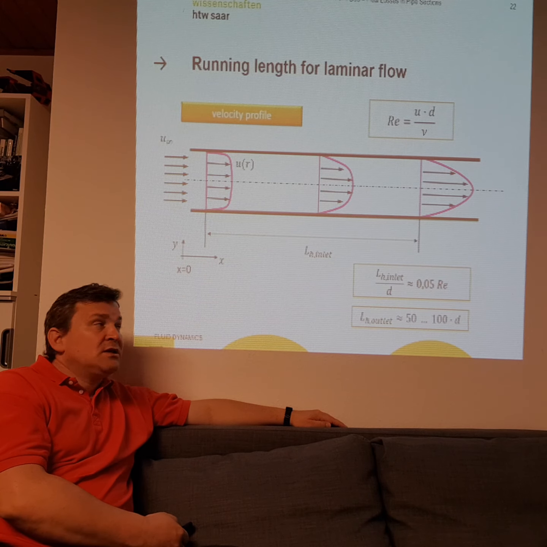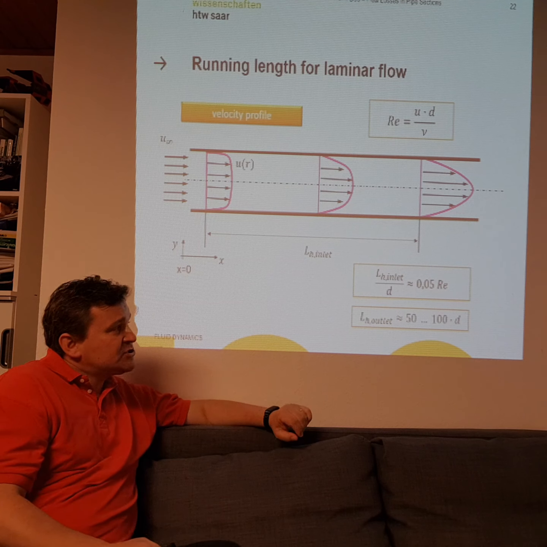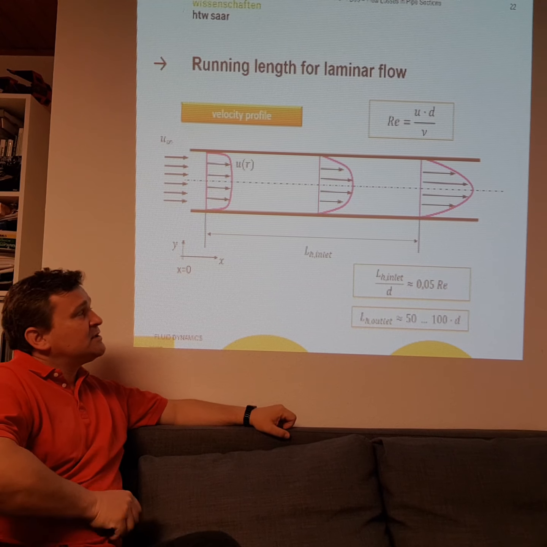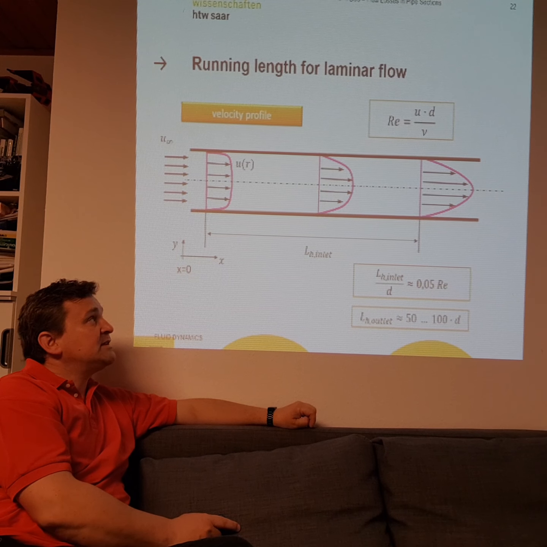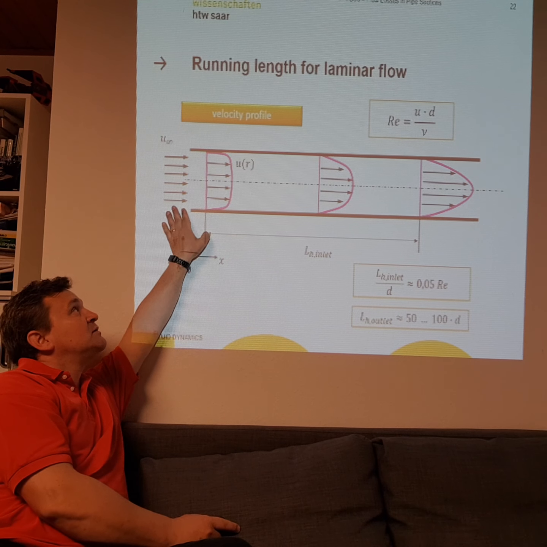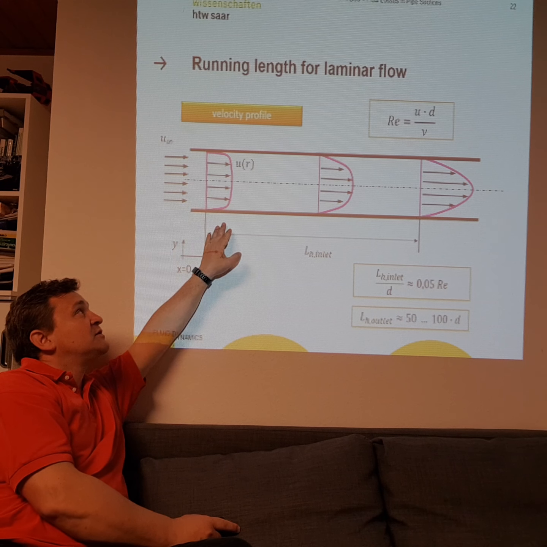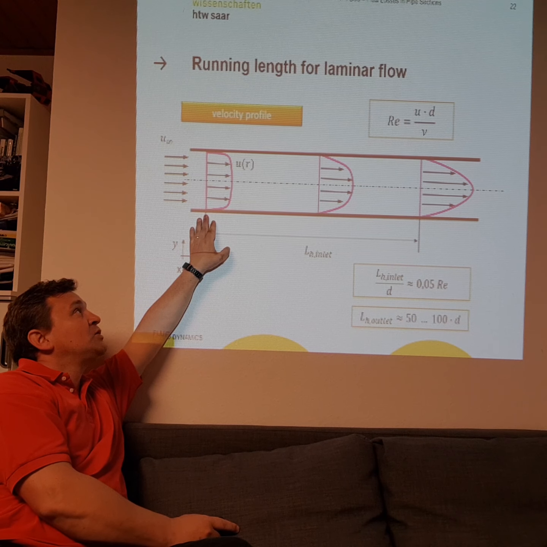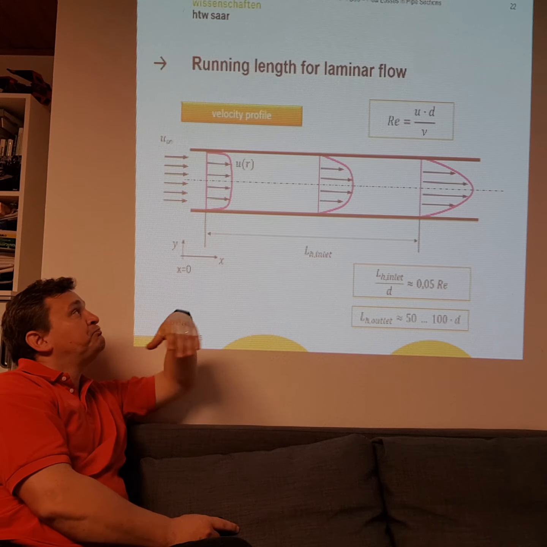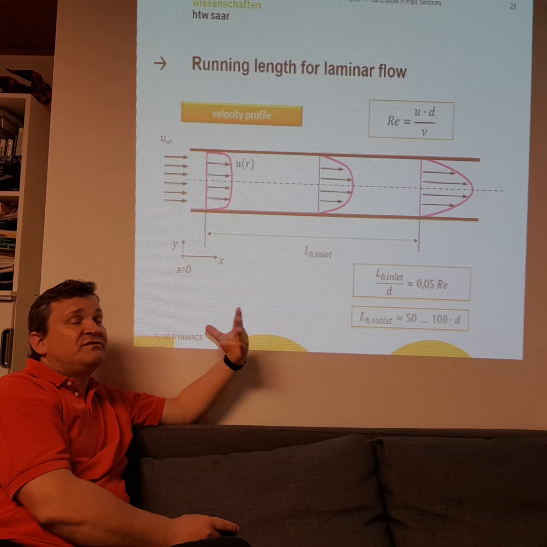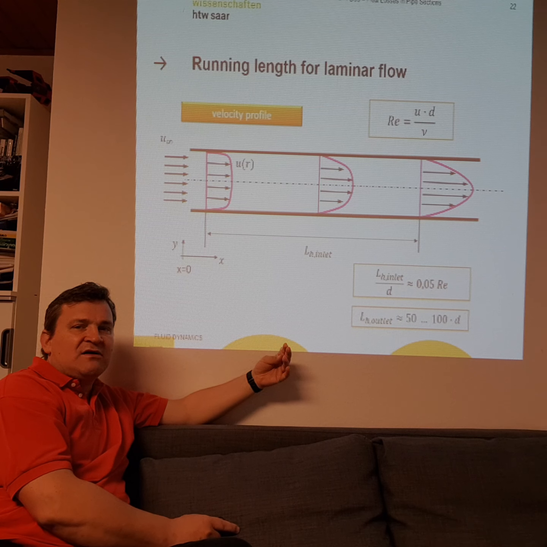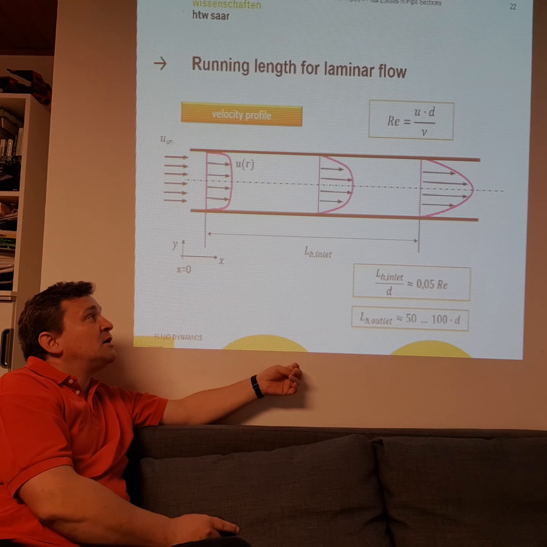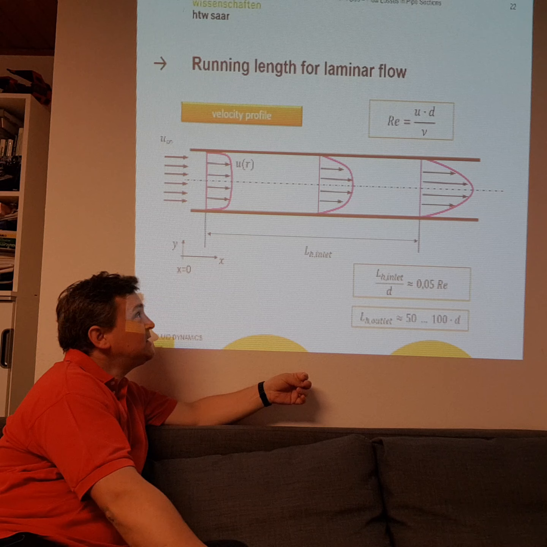Okay, here's a sketch of a pipe, and there's an additional effect I try to explain. Normally when the fluid flow enters the pipe, you will have a uniform velocity profile. You can also call it a plug flow profile, with uniform velocities in the middle.